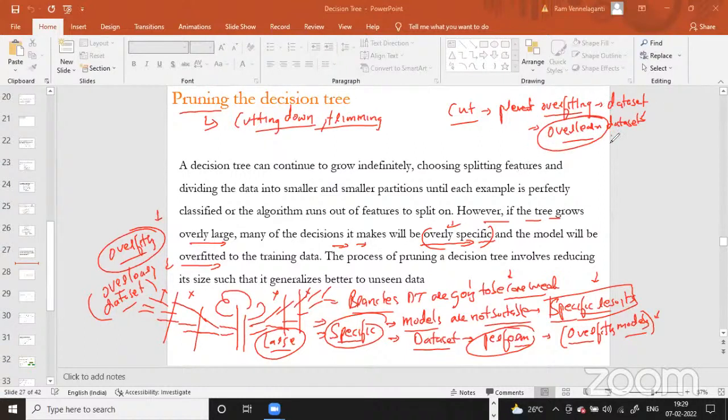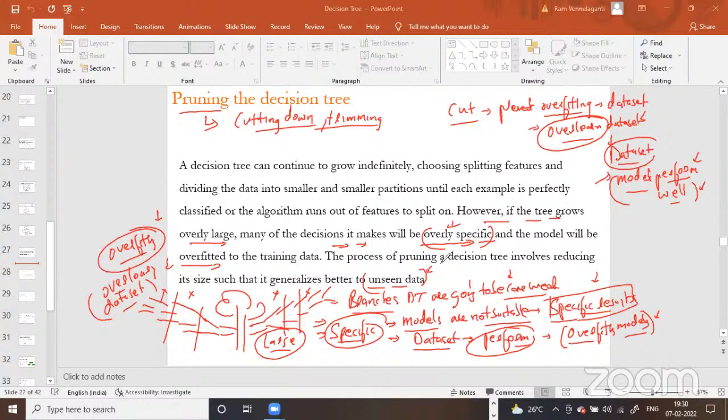So when you are not having the problem of overfitting, then whatever data set you use, your model will be able to perform well. It will not have any problems. The model will be able to perform well on unseen data. The model will be able to produce generic results on unseen data for us.